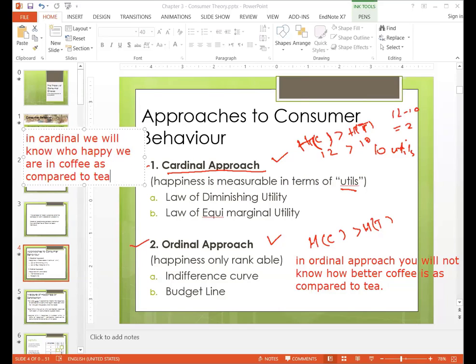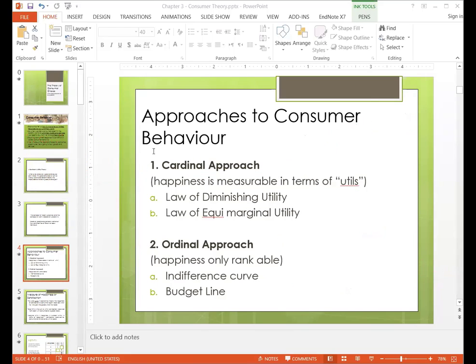So the first theory says that we will have an answer that it is 2 units better. But the second says that we don't know how much better, but at least we know that coffee is good, but how good, kitni zyada achhi hai, we don't know. Okay, so this is the basic difference. Then the terms we'll cover when we go towards this topic. Okay, let's see.